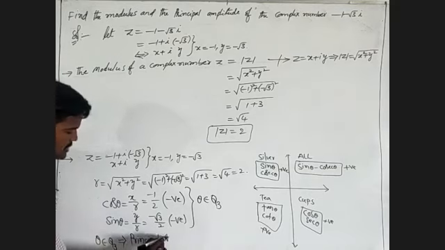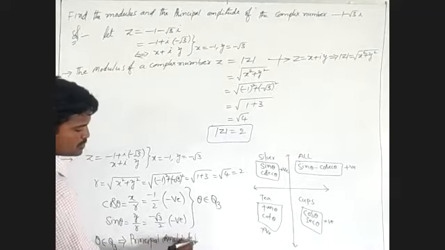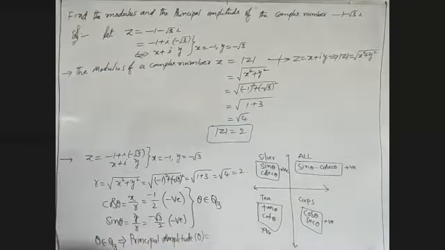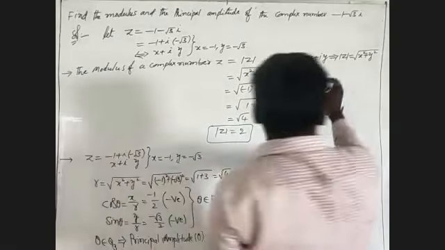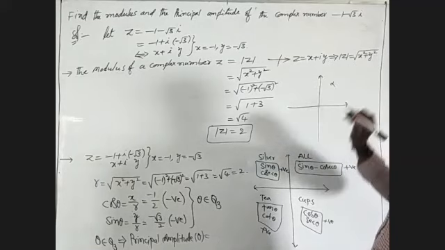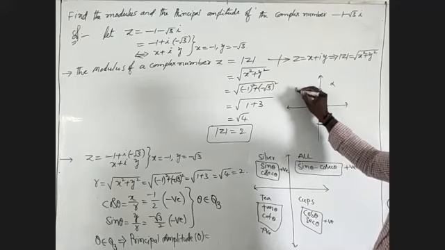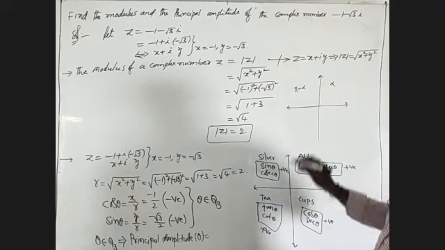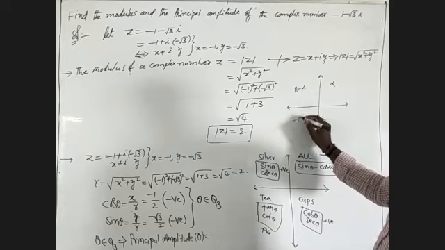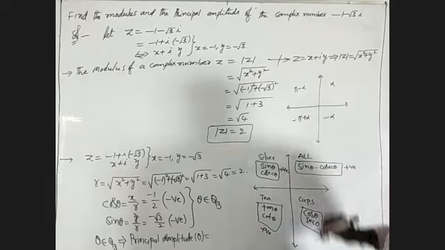Principal amplitude theta, we observe in the polar quadrants. First quadrant is alpha, second quadrant is pi minus alpha, third quadrant is minus pi plus alpha, and fourth quadrant is minus alpha.